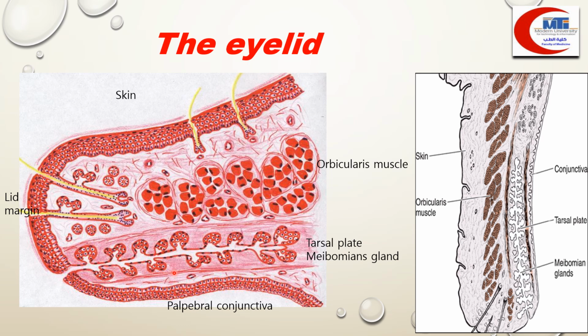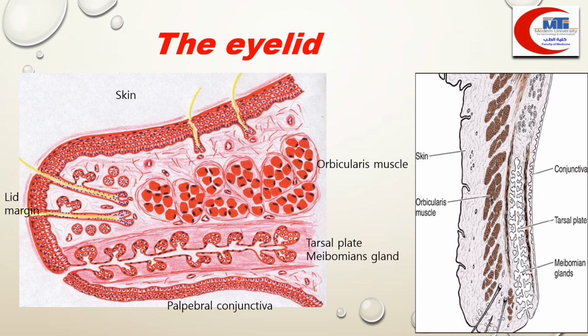They are modified sebaceous glands and open at the free edge of the eyelid. These glands secrete an oily substance that becomes incorporated into the tear film, preventing evaporation of the tears.